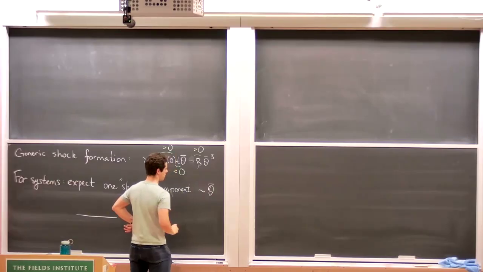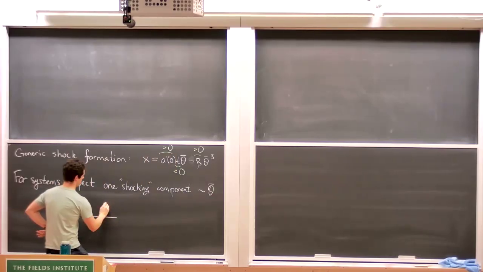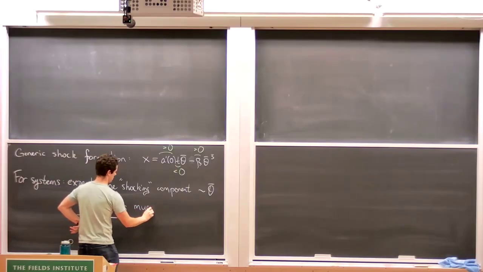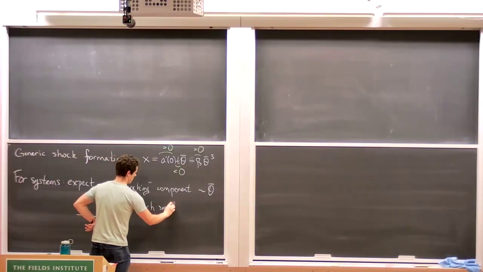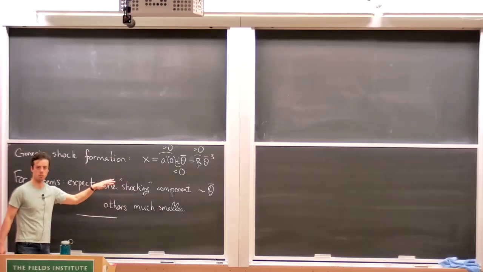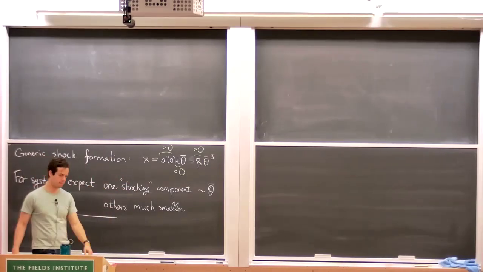resembles theta bar, and the others should be much smaller near the origin, meaning the dominant behavior close to the origin is concentrated in one component, the one that is developing a shock.